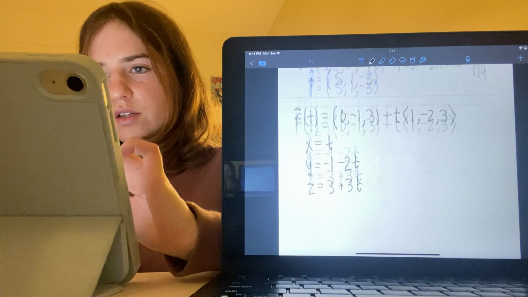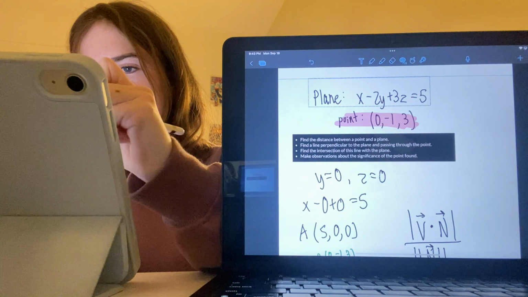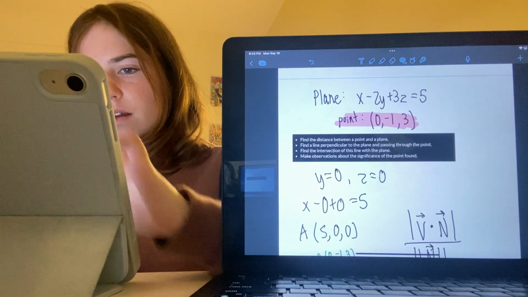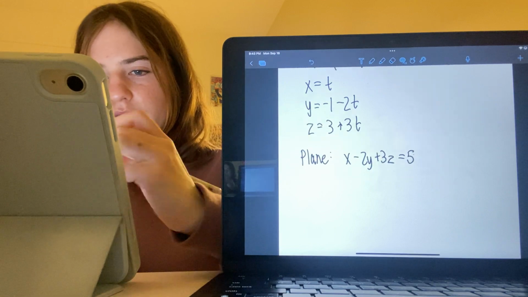Now we can go back to our original plane. And we're going to plug in each of these parts.